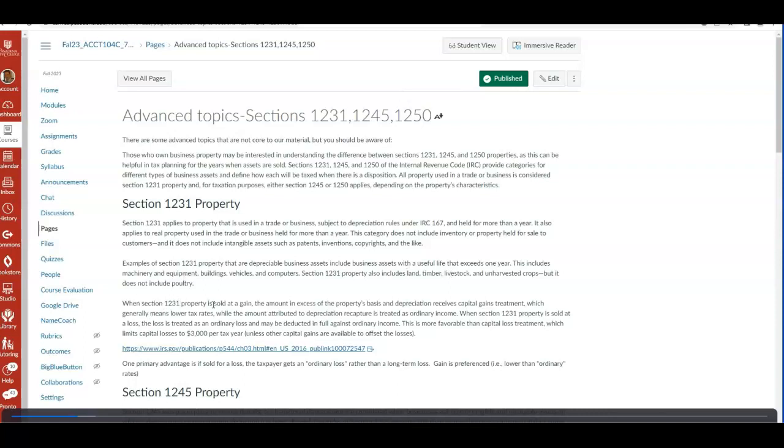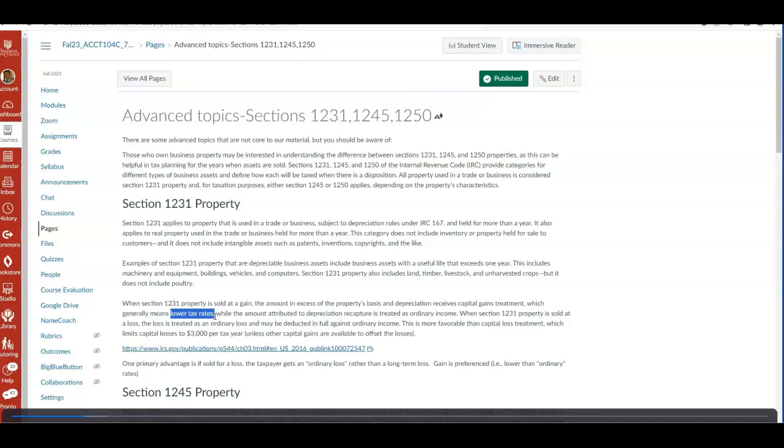When Section 1231 property is sold at a gain, the amount in excess of the property's basis receives capital gain treatment. So it's important to understand, if you sell it at a gain, it will receive capital gain treatment, which means a lower tax rate, right?